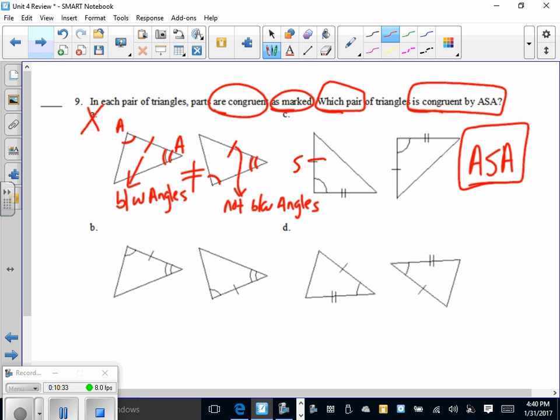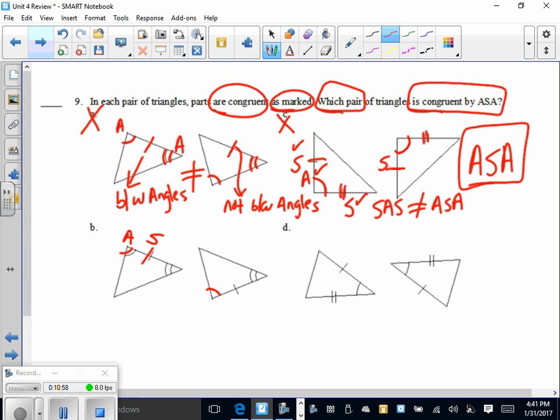B, this side matches up with this side, and this angle matches up with this angle, and this side matches up with this side. Well, we have side, angle, side, S-A-S, and that is not equal to angle, side, angle. So C is not the correct answer. B, this angle matches up with this angle.